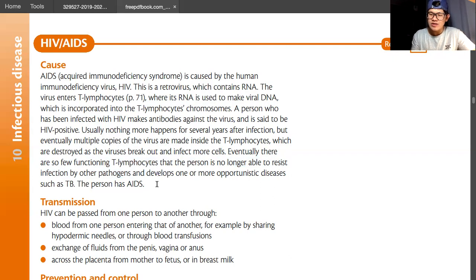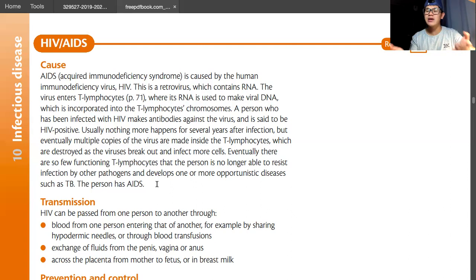Their immune system is already low, because the white blood cells are few. So usually people with HIV or AIDS don't die because of the virus itself, but because their immune system is very much weakened, and the next time any other pathogens come in, they are not able to fight them anymore.